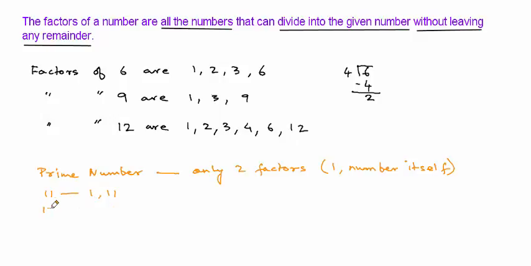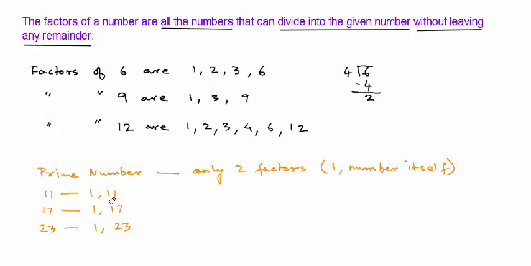For example, 17. The factors of 17 are 1 and 17 only. For example, 23. The factors of 23 are 1 and 23 only. 1 is a factor of every number, and the number itself is always a factor of itself because a number can always divide into itself without leaving a remainder.